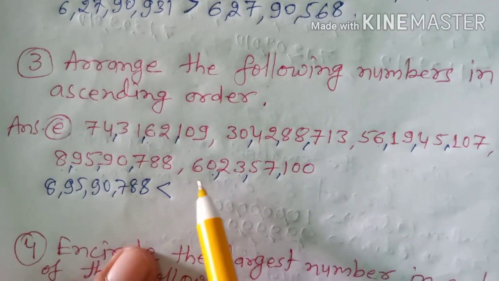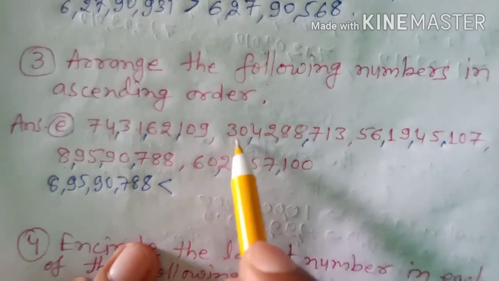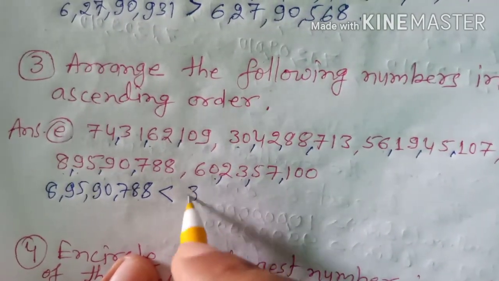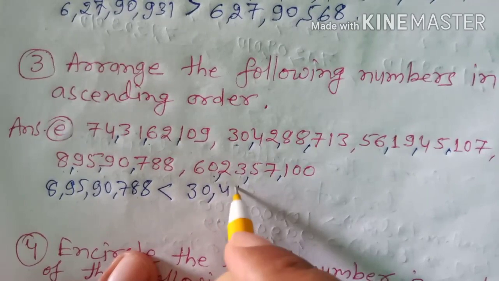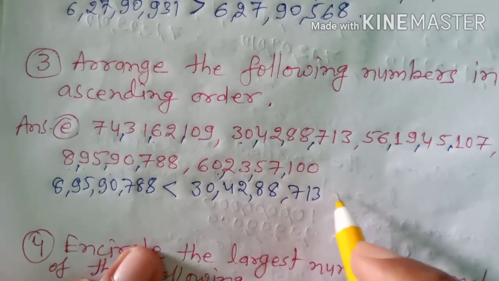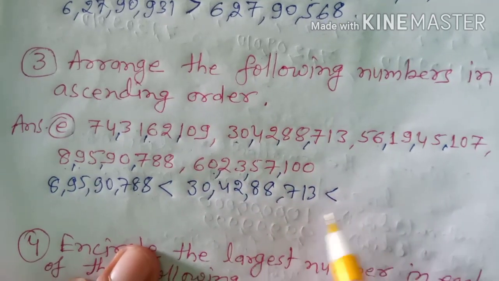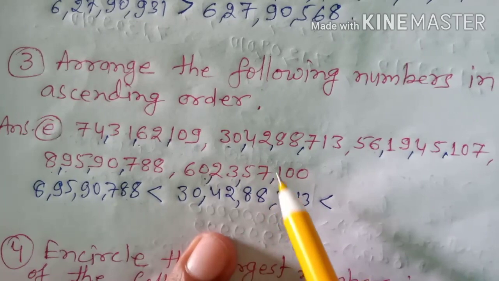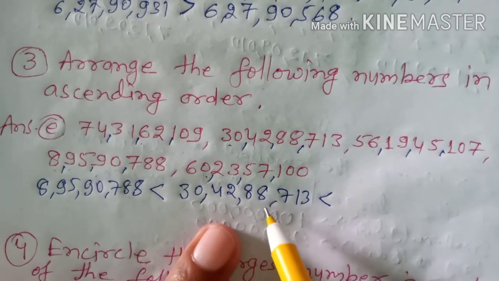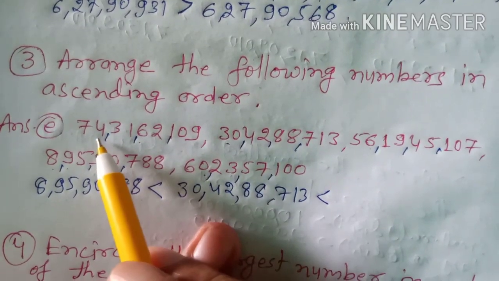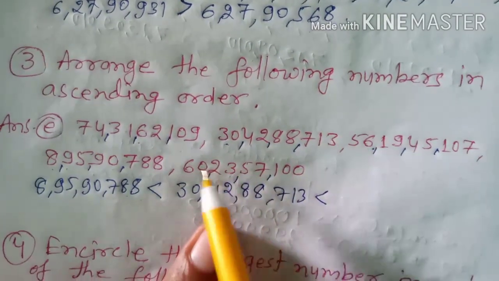So here see, here is 60 crore, 56 crore, 30 crore, 74 crore. So 30 crore is the smallest of these numbers. So we will set this number here. We will again set this sign. Now which is the smaller from these numbers: here is 74 crore, here is 56 crore, here is 60 crore.